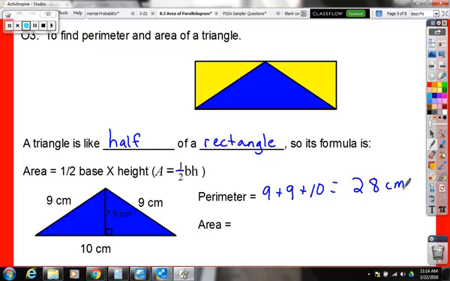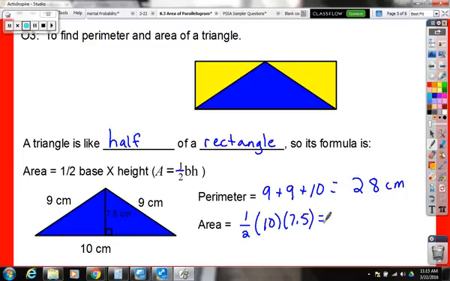Let's see. Katie, can you tell me how to do the area? 10 times 7.5, but what else? Divided by 2. We need 1/2 of 10, which is the base, times 7.5, which is the height. And then you can multiply times 1/2, or you can divide by 2.